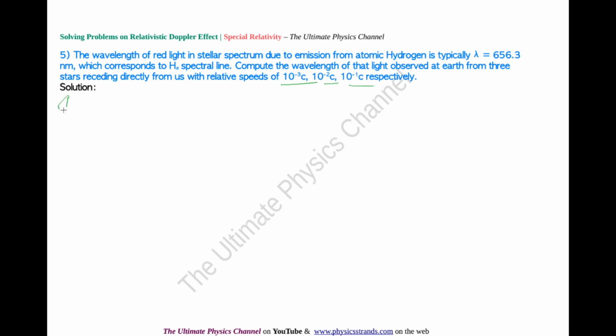Let's do it. First case, u is equal to 10 power minus 3 c. That means u over c is 10 power minus 3. Here the stars are receding directly from us.